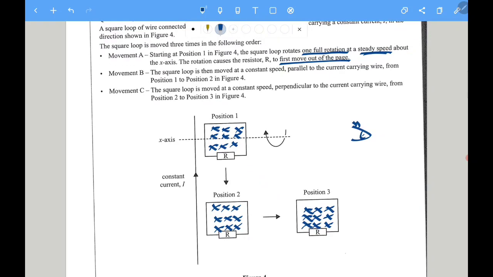Now we're going to have a magnetic field pointing into the page in this case. Now, when our coil is rotated in movement 1, we're going to have a change in magnetic flux, and it's going to be sinusoidal.